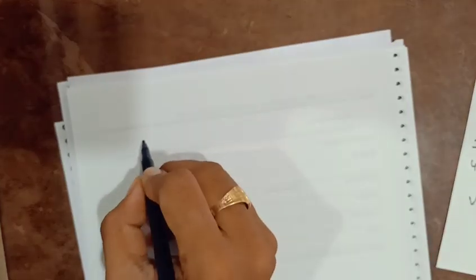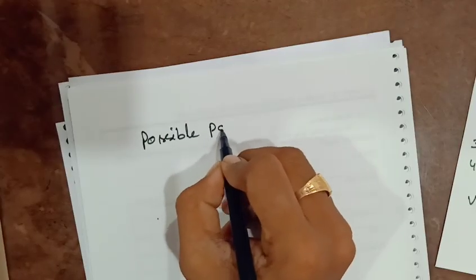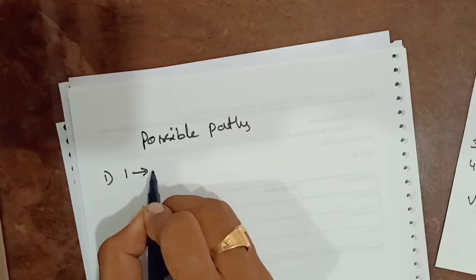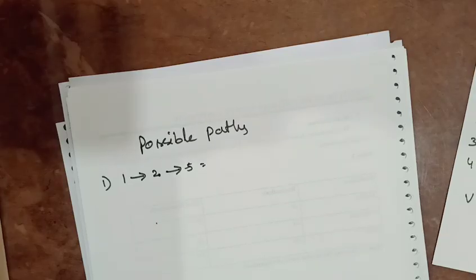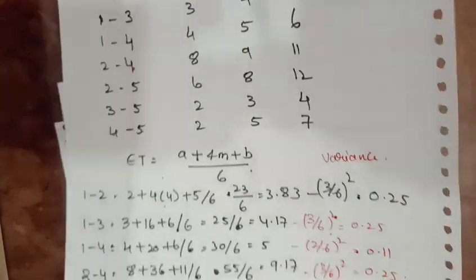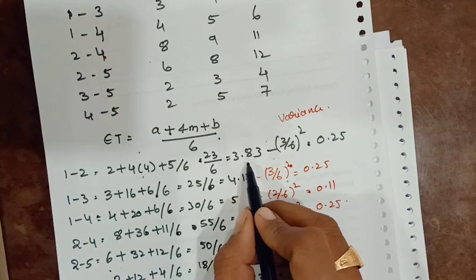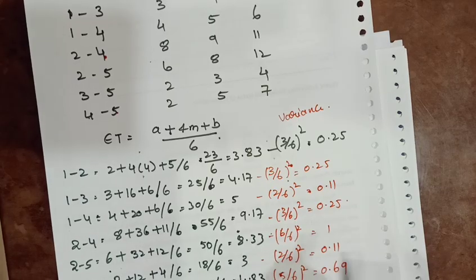So the possible paths will be: first one, 1 to 2, 2 to 5. So for 1 to 2, how much? Expected time is 3.83 and for 2 to 5 the expected time is 8.33.